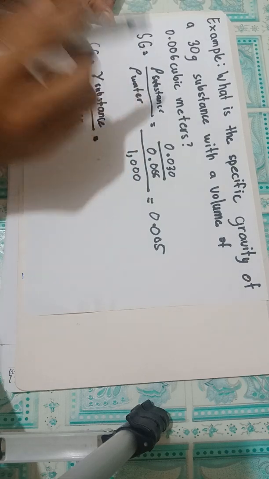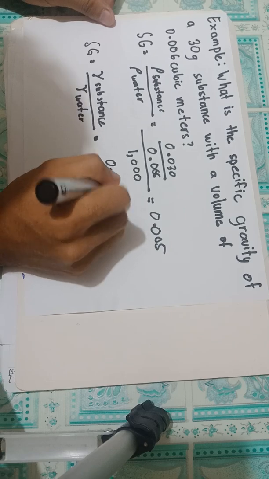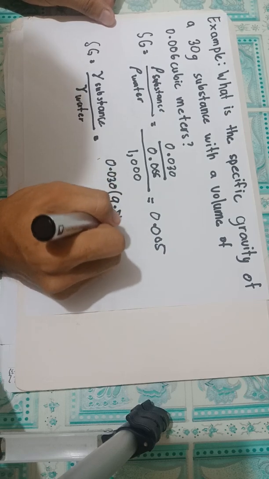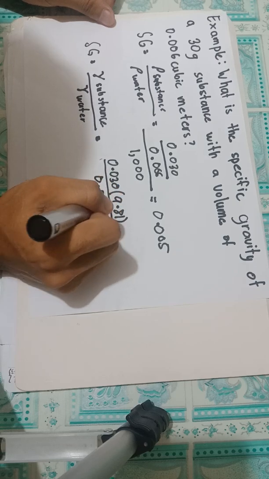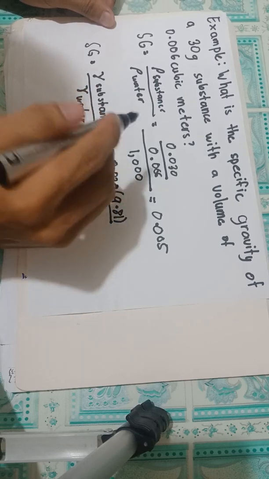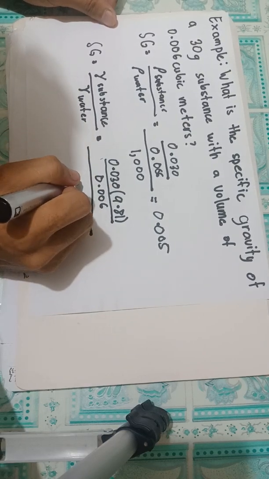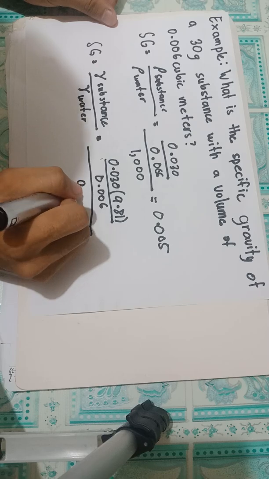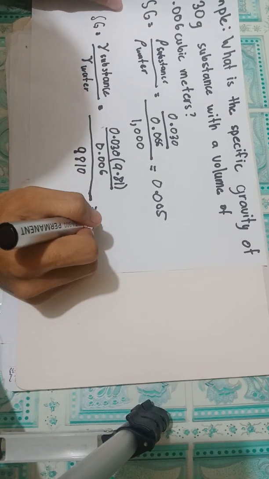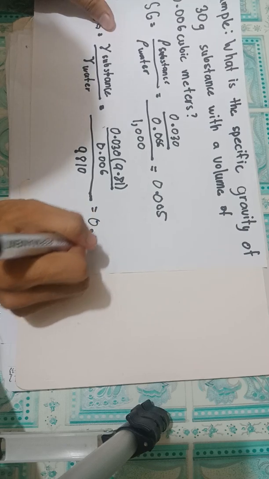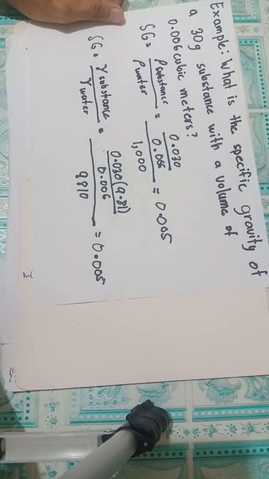We will convert 30 grams to kilograms. This will be 0.030 times 9.81, our gravity, over volume, to get our unit weight of the substance, all over the unit weight of the water. And this will also be equal to 0.005. That is how we get our specific gravity.